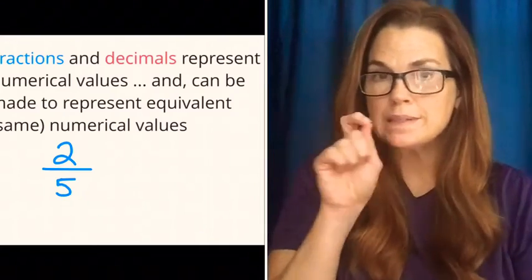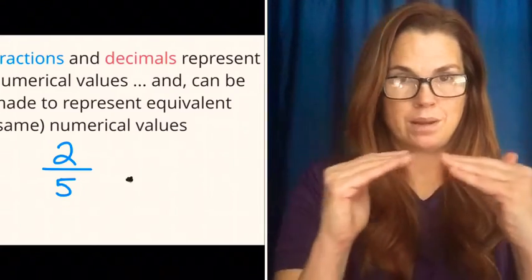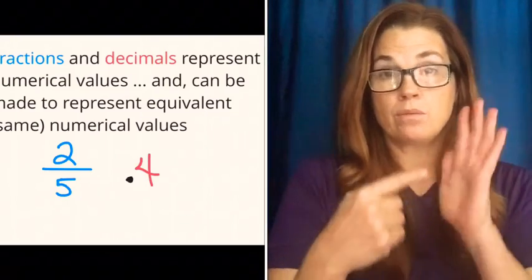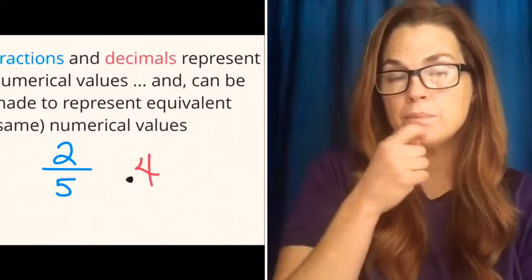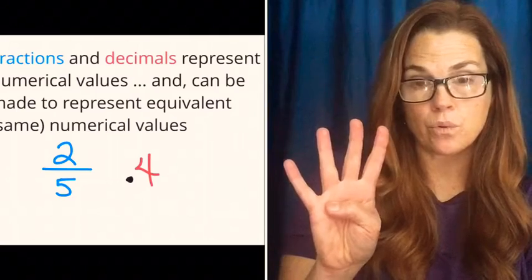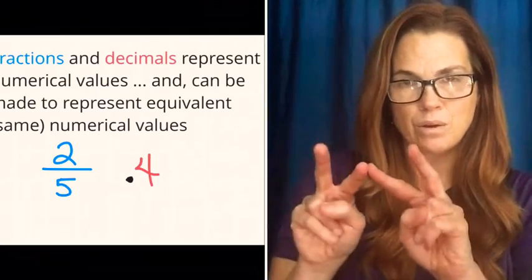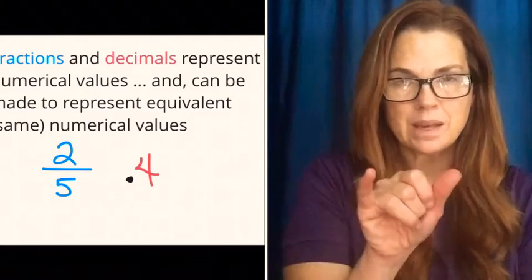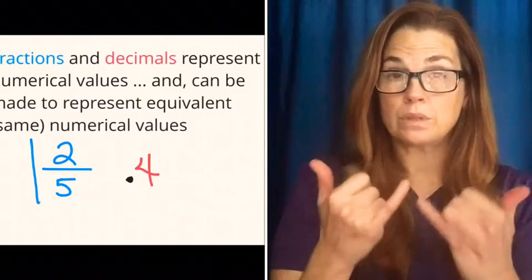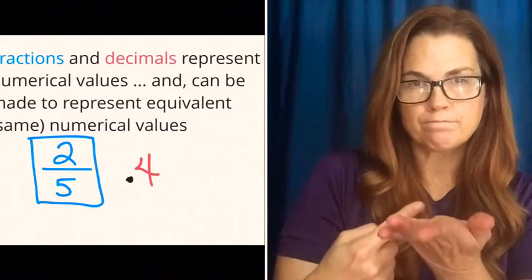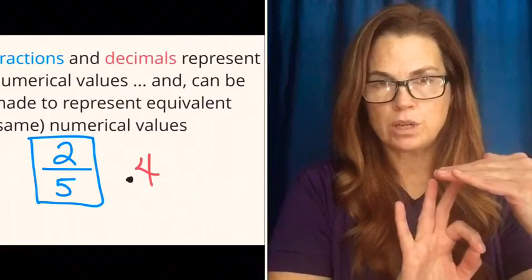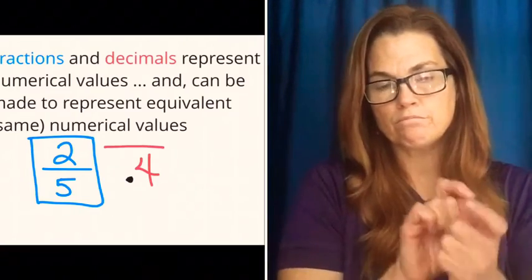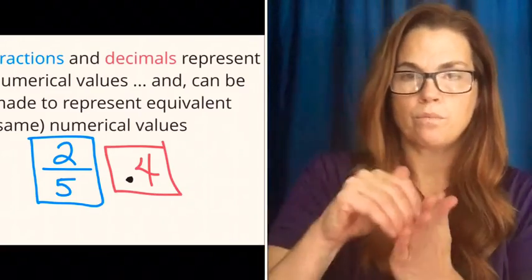I know, for example, that the decimal 0.4 has exactly the same value as the fraction 2/5. And in today's lesson, we're going to talk about how I can take a fraction like 2/5 and turn it into, or rewrite it as, an equivalent decimal.